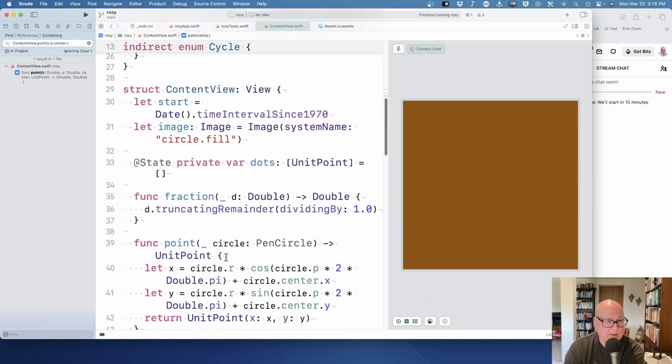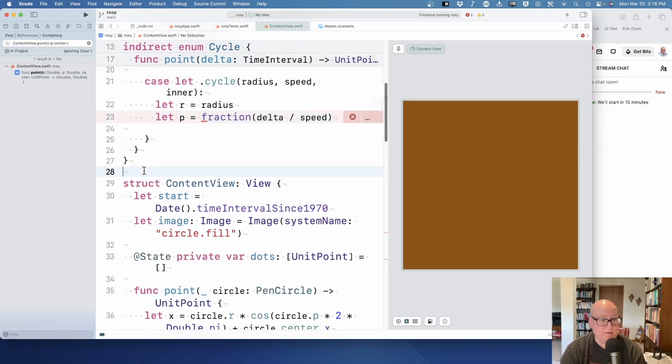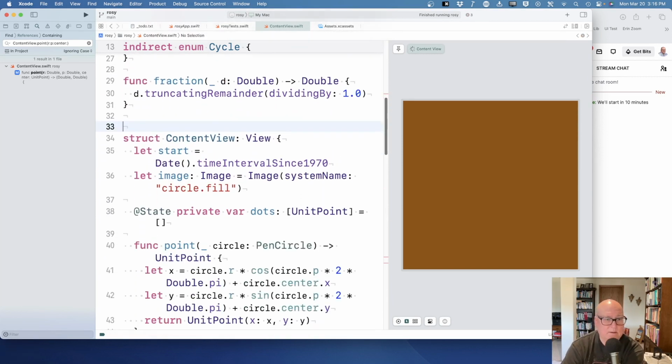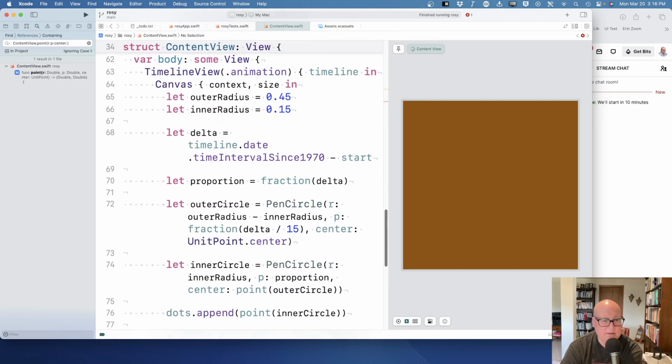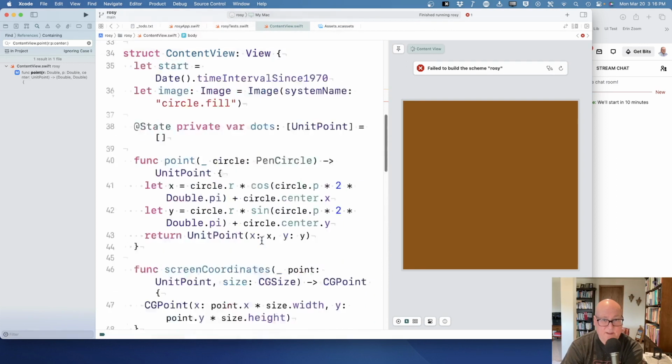We'll have to pull that up. I'll just pull it to a free function for the moment. Okay. And the center is, I think it's inner dot center.